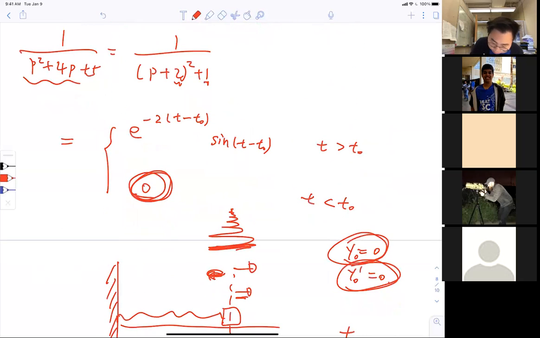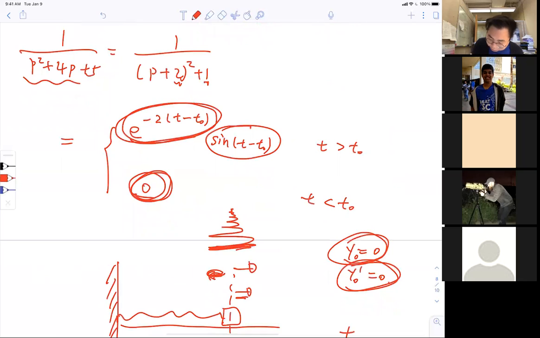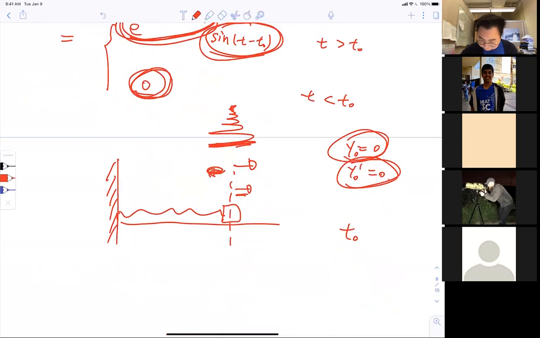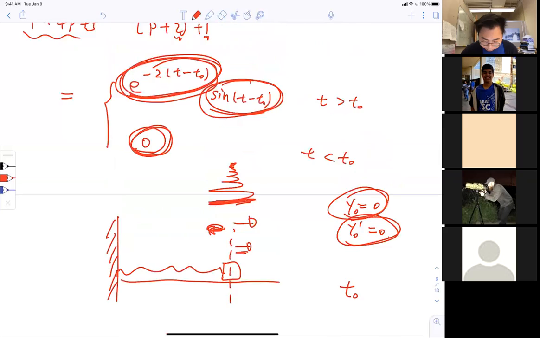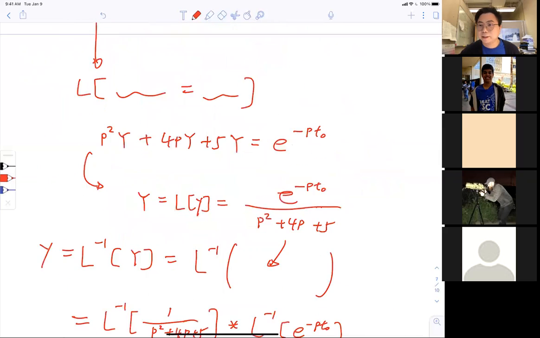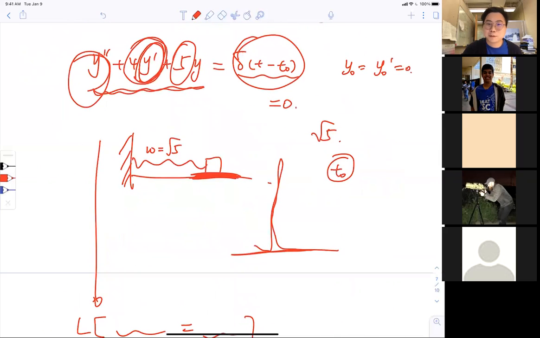That's the reason why there is an exponential decay factor, and also a sine factor. This sine factor captures this kind of oscillation, but this decay factor captures this kind of friction force. Yeah, so that's all I want to say today.